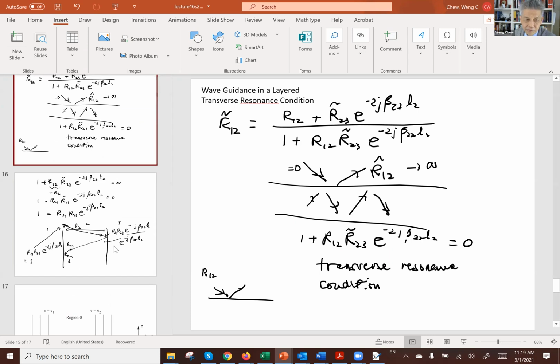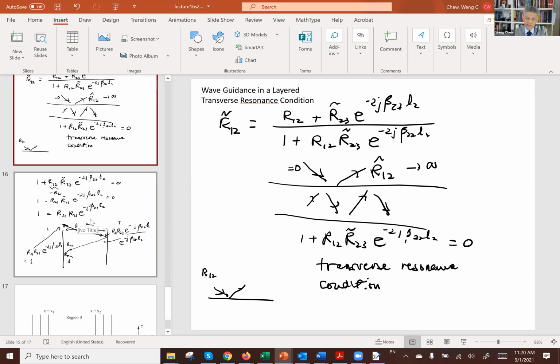However, if the reflection here is not total internal reflection, there will be some energy loss, and you would not have wave guidance. Wave guidance for a dielectric interface can happen only when you have total internal reflection at the 2 interfaces. If you have total internal reflection, then you have guidance, and the guidance condition can be found by using this transverse resonance condition.